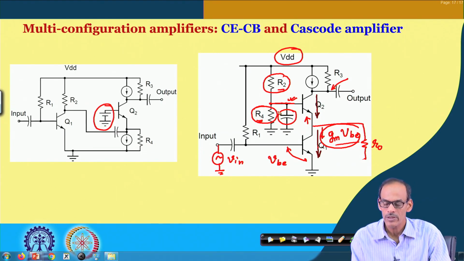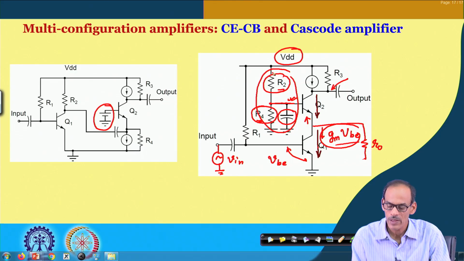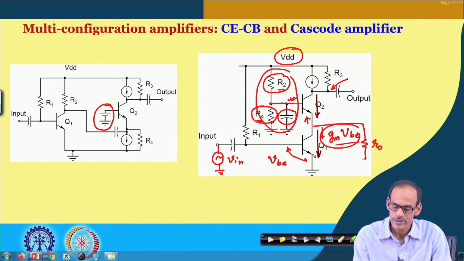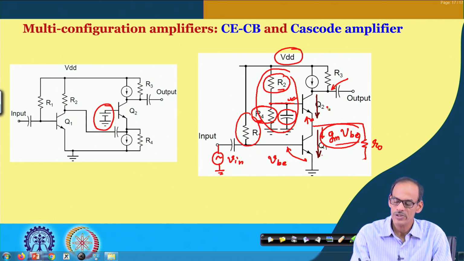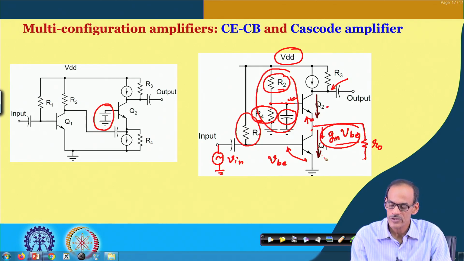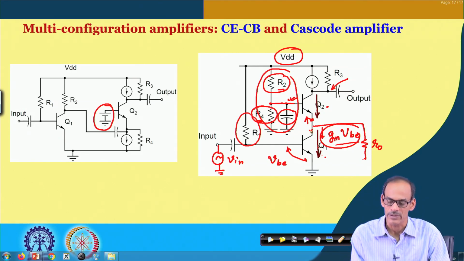So, in summary, we require the DC bias for Q2, we require the DC bias for Q1, but the emitter bias of transistor 2 and the collector bias of transistor 1 are eliminated by making them help each other. Right?